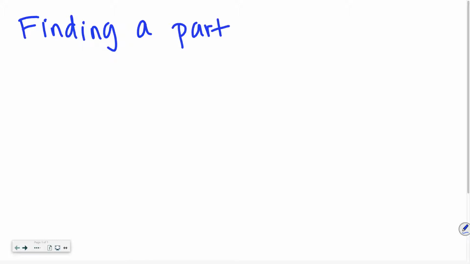So let's talk about this plus C. What this is going to be called, we're going to be finding a particular solution. So when you see the words particular solution, that is basically asking you to find the antiderivative and identify what the plus C value is.